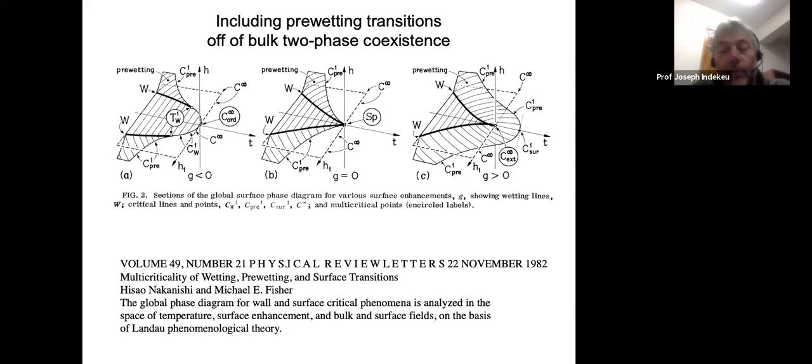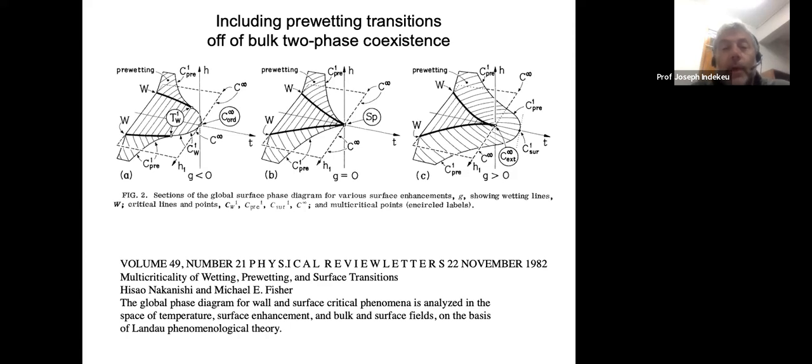But still, at non-zero bulk field, when the minus phase is stable in bulk, you can have a first-order phase transition between two surface states. One surface state is that in which there is a small plus wetting film, and the other state is one in which there is a much thicker wetting film.